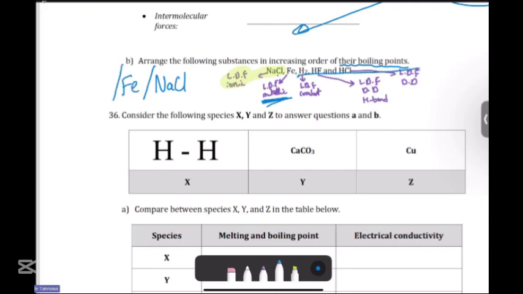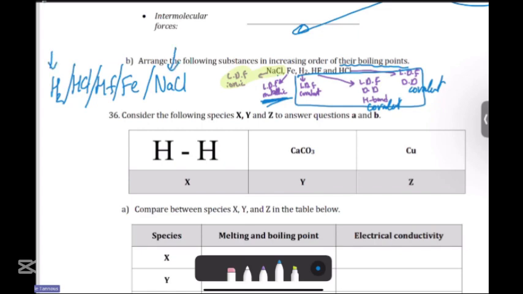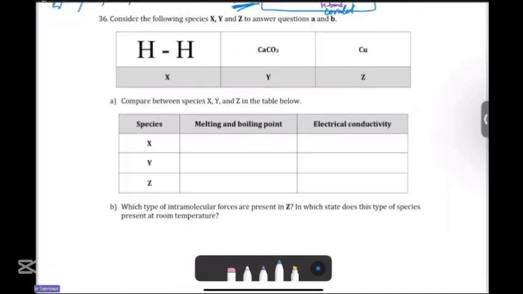And now we start ranking the weaker ones, the ones that have covalent bonds, and we look at their intermolecular forces to rank them. So HF, HCl, and H2. So that's the increasing boiling point. Here comes the lowest, and here comes the highest boiling point.